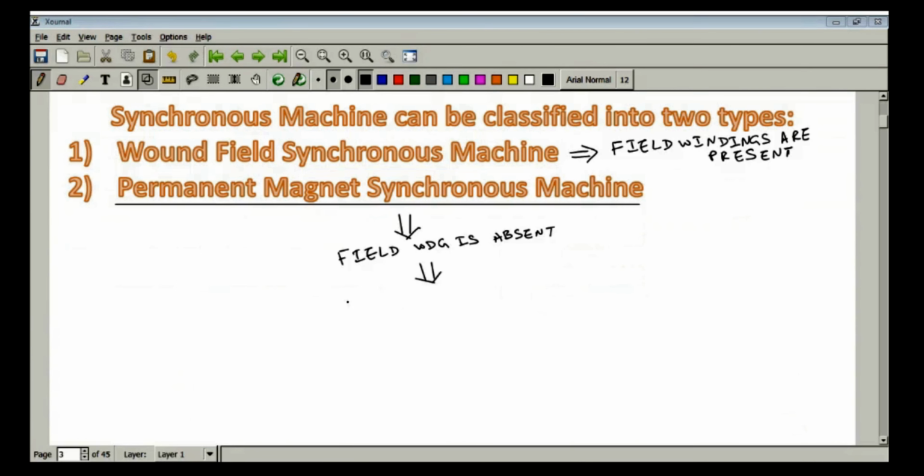Magnetic flux is set up in the air gap due to the presence of permanent magnet.